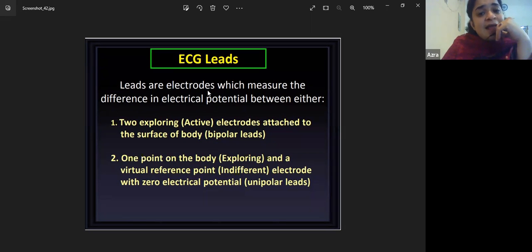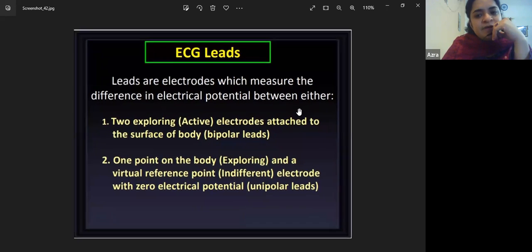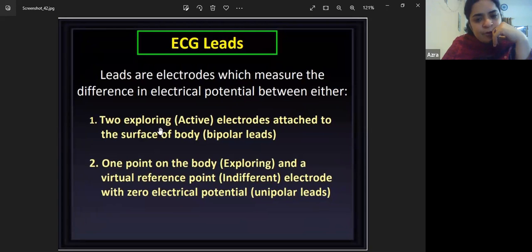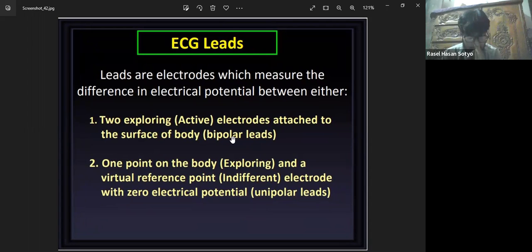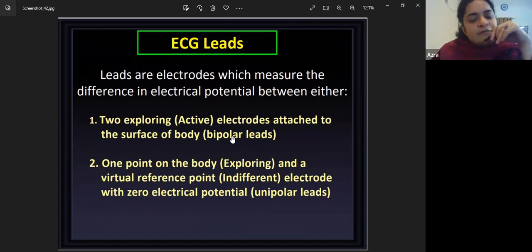Basically, these are electrodes which measure the difference in electrical potential between two exploring active electrodes attached to the surface of the body, like bipolar. Why is it called bipolar leads? Tell me, why is it called bipolar leads?